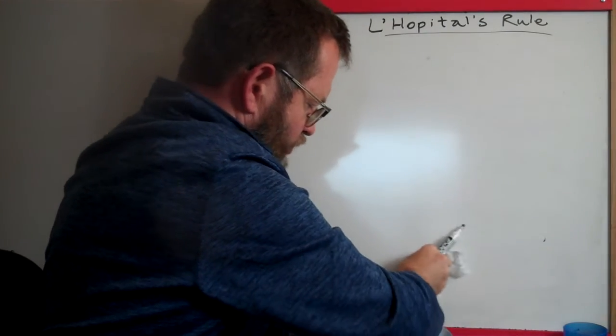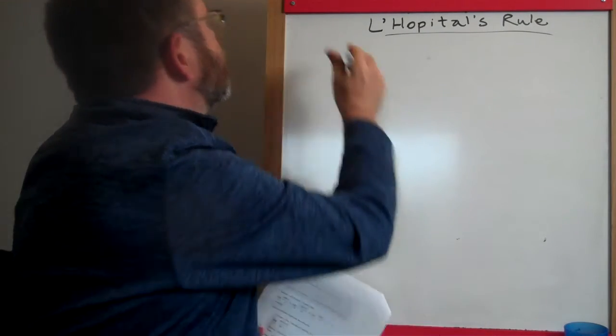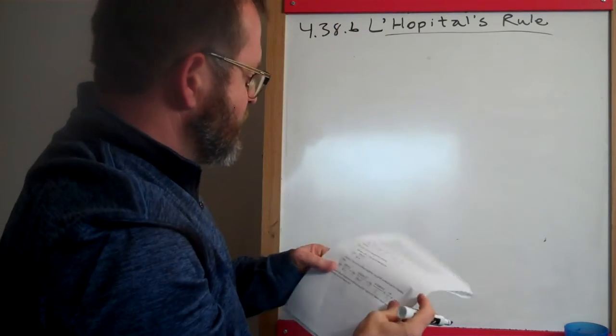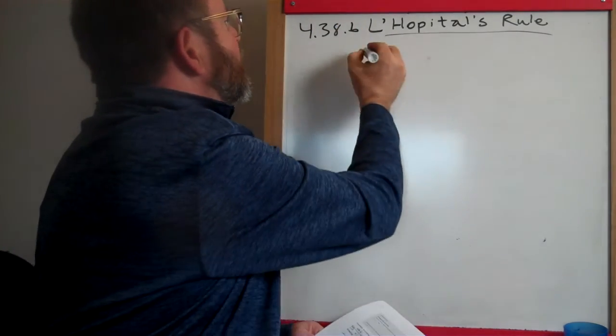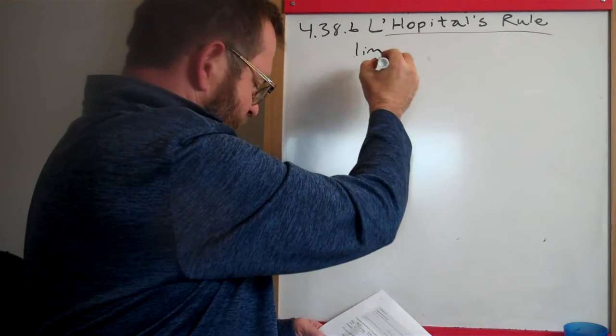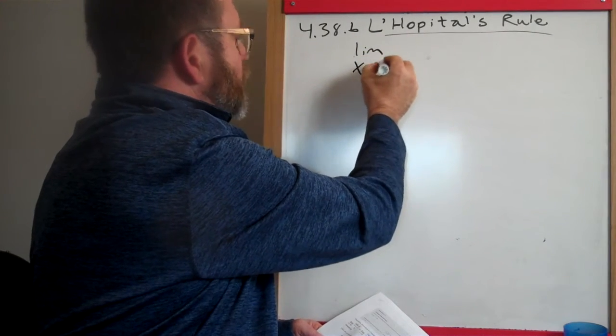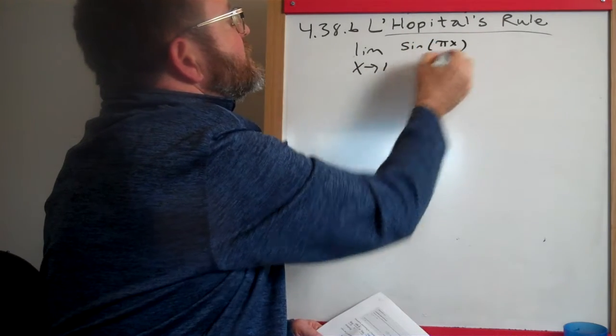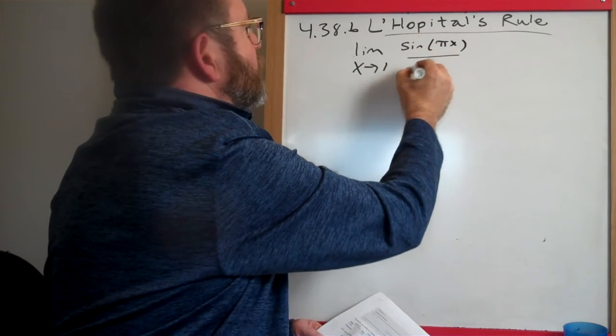Alright, this is example 438b in your book, and it's asking you to find the following limit: the limit as x approaches 1 of the sine of pi times x over the natural log of x.